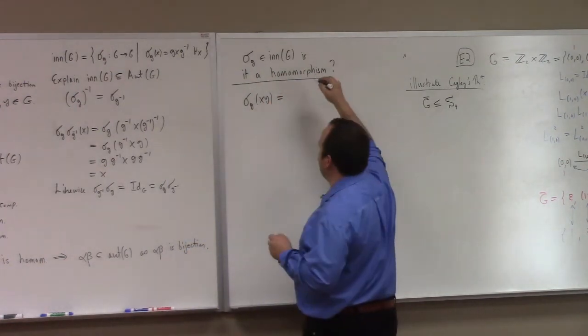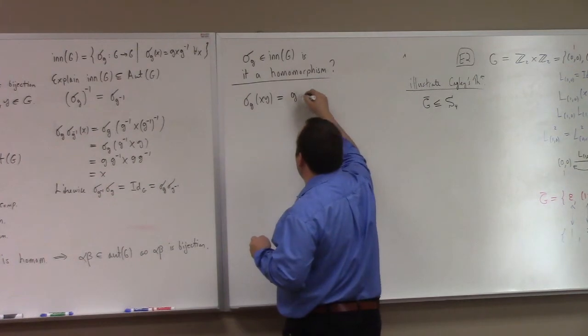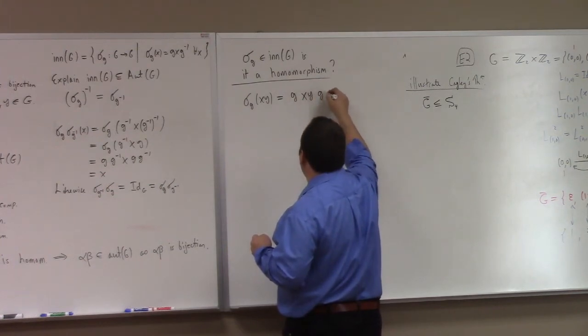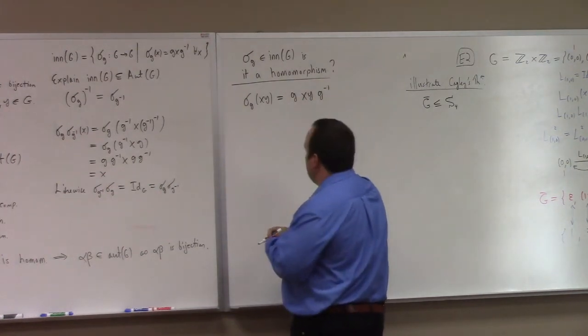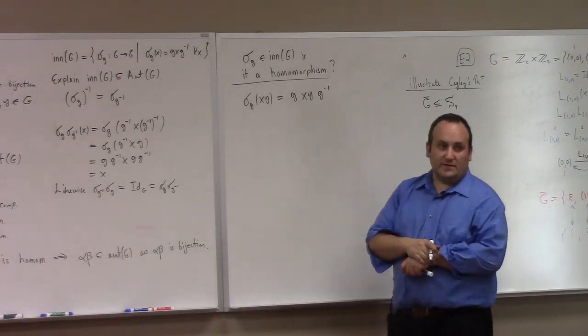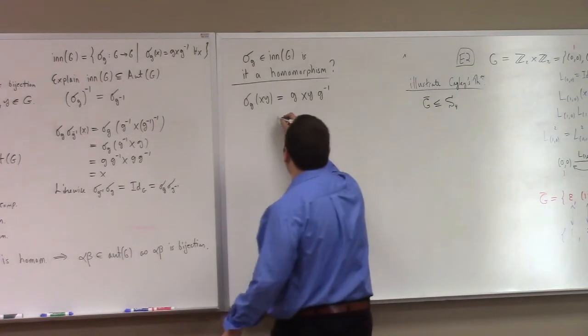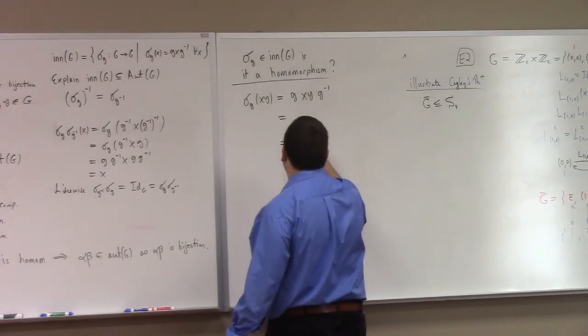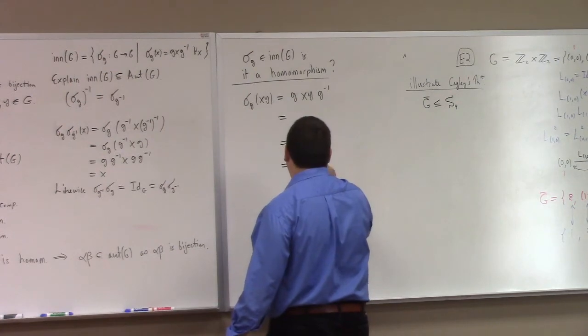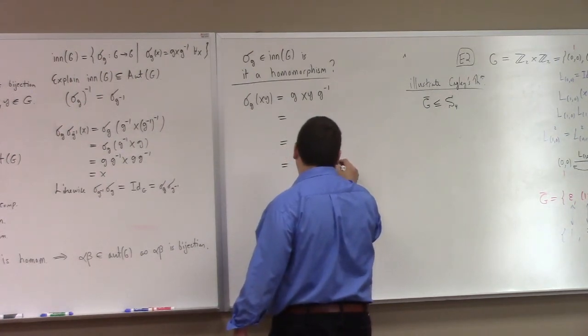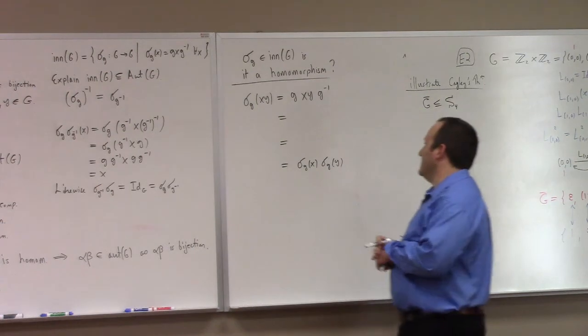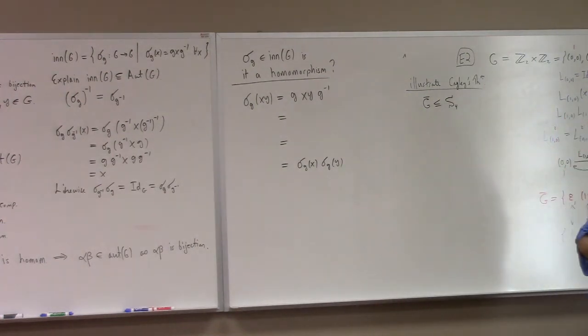So check this. This is a fun one. So g x y g inverse. You guys, you tell me what to do. I'm trying to get to sigma g of x, sigma g of y. So what's my next move?